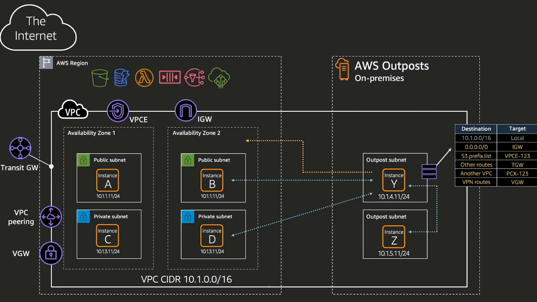Now, the only difference here is something like a Transit Gateway is an immensely scalable service, which we touched on earlier, and the underlying infrastructure that supports Transit Gateway is just massive. Now, that actually runs in the region. So when we're communicating from instance Y inside an Outpost, we're going over the service link or the underlay here, but the overlay is actually the VPC. And then we go out the Transit Gateway in the region.